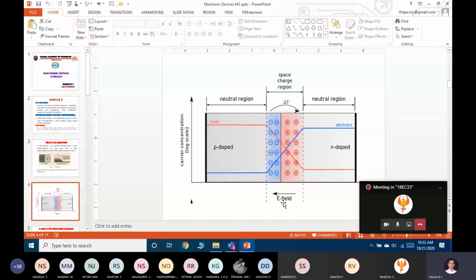At the time of the conduction and mobility concept, we discussed the electric field direction and the electron movement direction. They will be in opposite directions. Am I right? Yes, the electric field direction and electron movement direction are opposite in nature. At the same time, hole movement and the electric field direction are in the same direction.